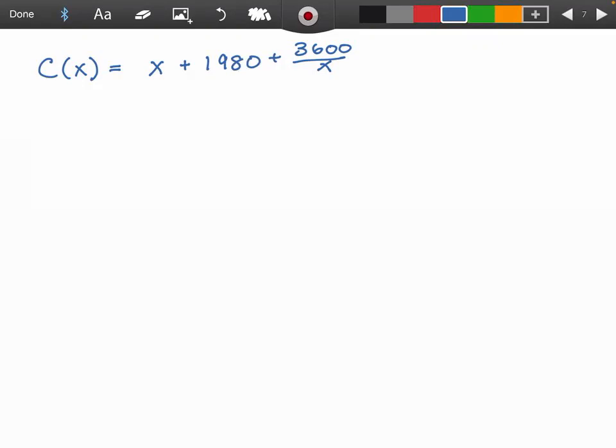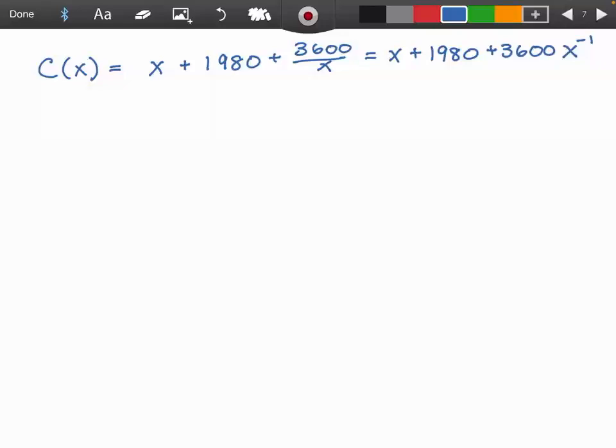We want to take the derivative. So just so I don't have to use the quotient rule, I'm going to rewrite this so I have exponents instead of division. 3,600 divided by X is the same thing as multiplying by 1 over X. 1 over X can be written as X to the negative 1. So this will make it easier for me to take the derivative.